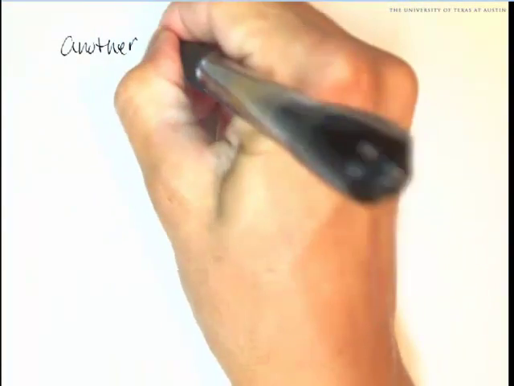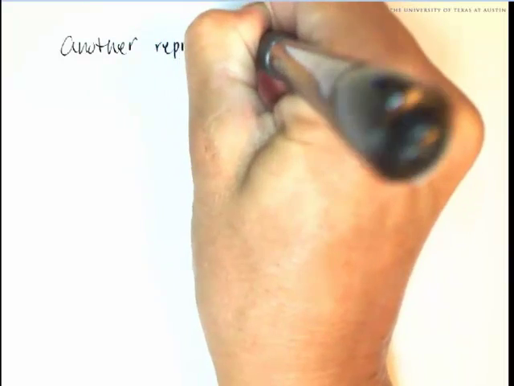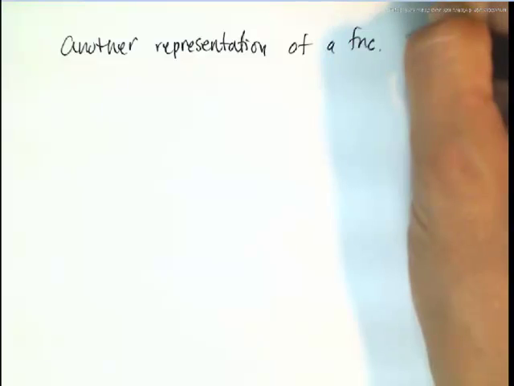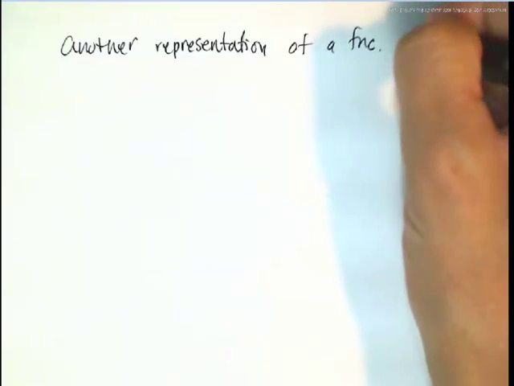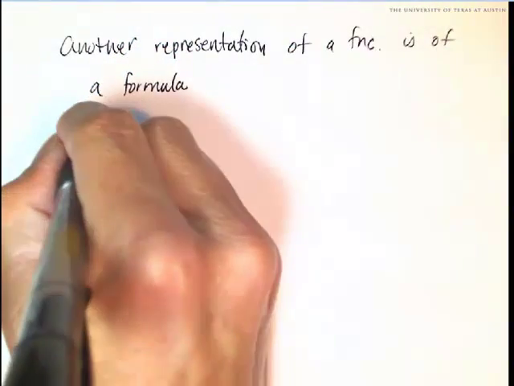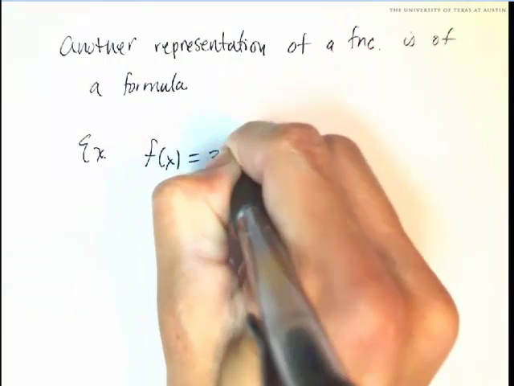Okay? Sometimes we see functions represented, so another representation is as a formula. So for example, f of x equals 3x minus 1.